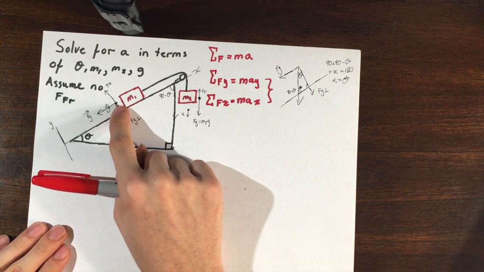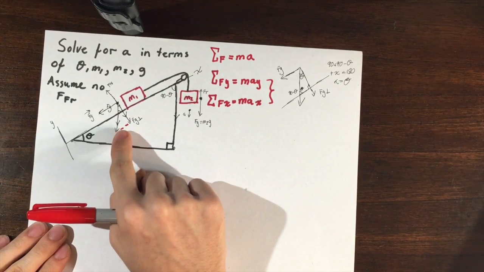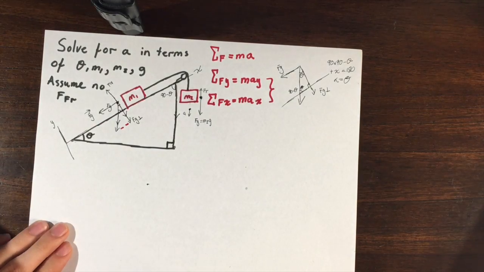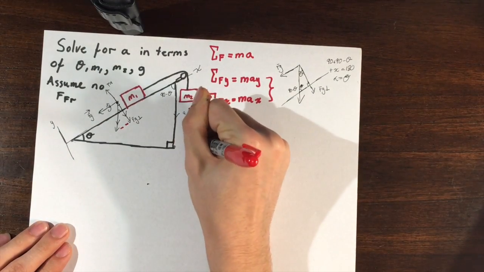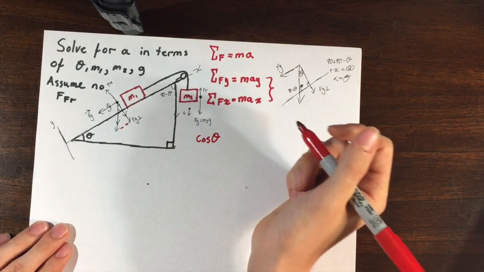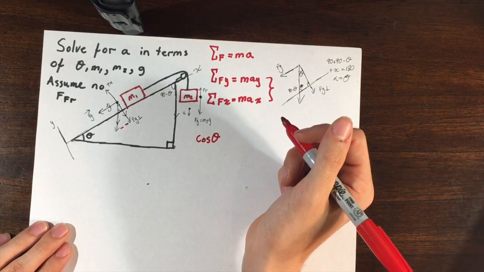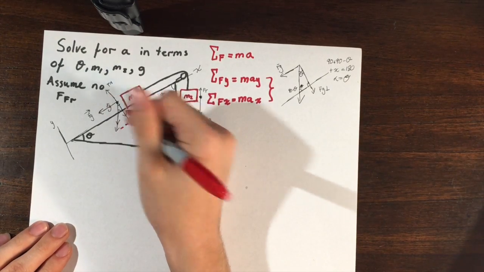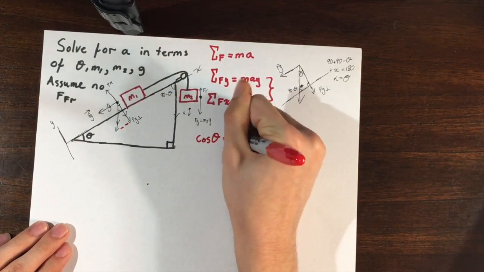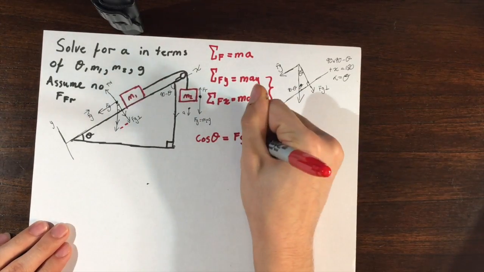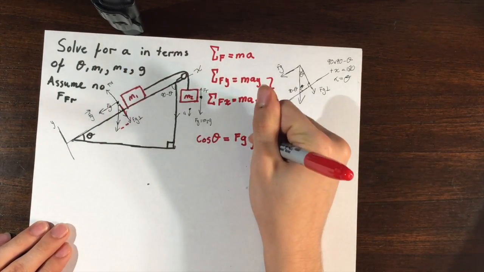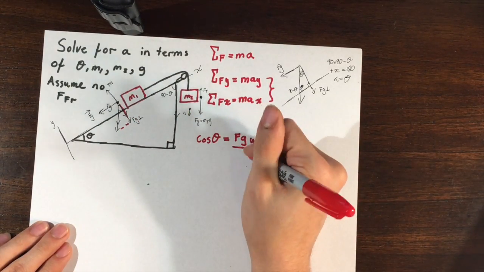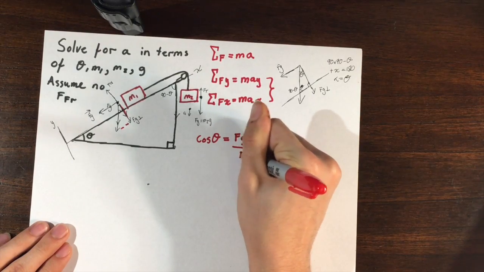We know that cosine theta, and cosine would be adjacent over hypotenuse, so in this case it would be force gravity in the y direction, right here, over our hypotenuse, which is our force gravity.